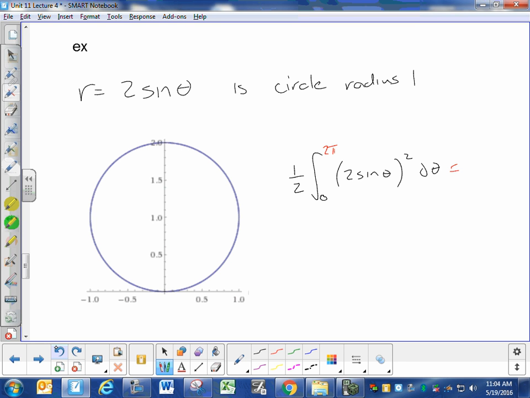Make sure you have the correct set of parentheses. Something happened there. We'll multiply by a half at the end. Got it?